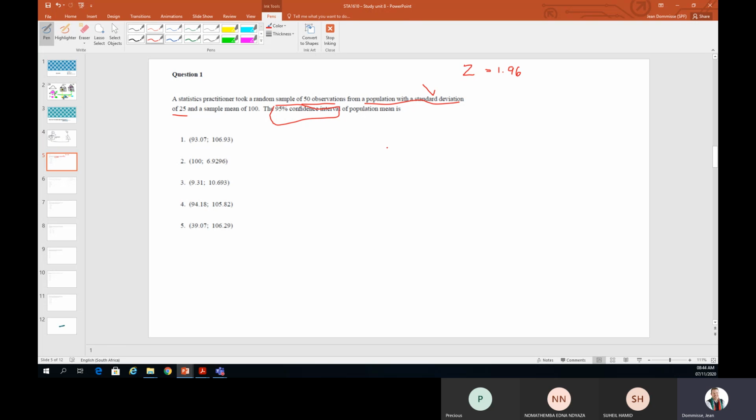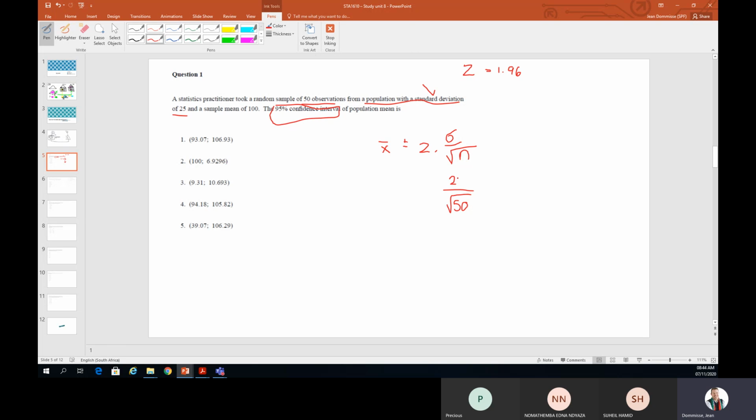So basically we are working here with x plus or minus Z times the standard deviation over the square root of n. A statistician took a random sample of 50 observations, so we know that 50 is your n, from a population with a standard deviation of 25.